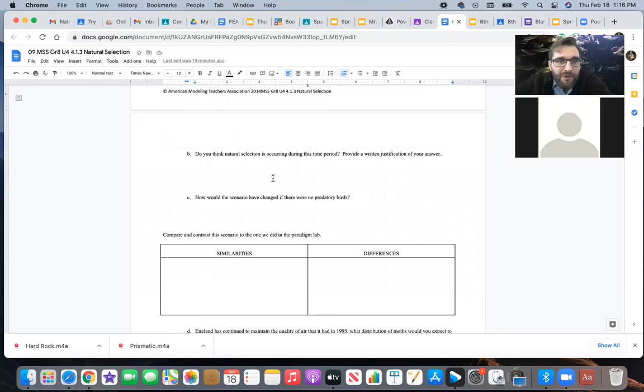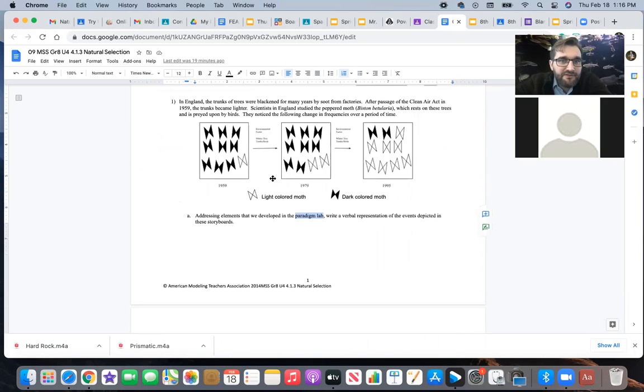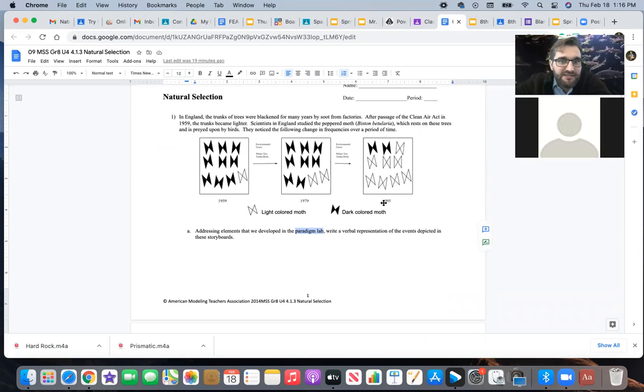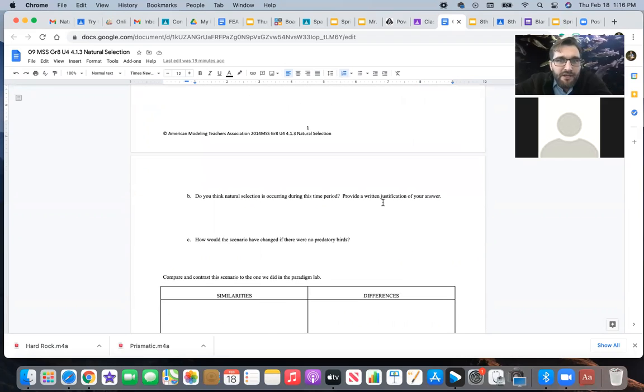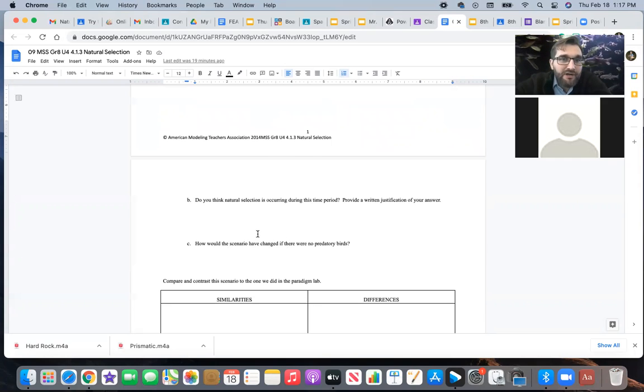For B, it wants to know, do you think natural selection is occurring over this time period, from 1959 to 1995? During that time period, do you think natural selection is taking place? And then justify your answer. Then how would that scenario have changed if there weren't any predators in the environment?